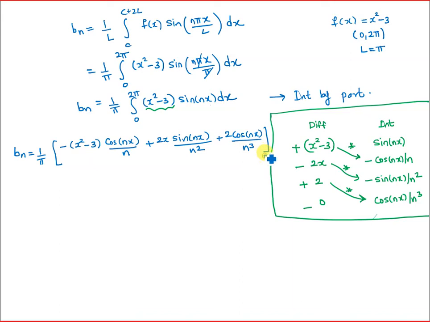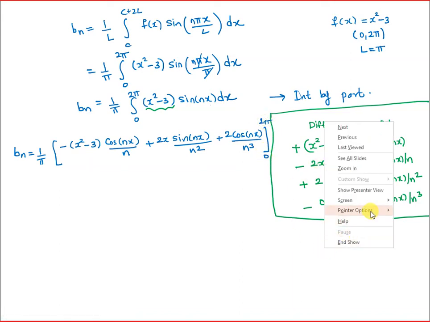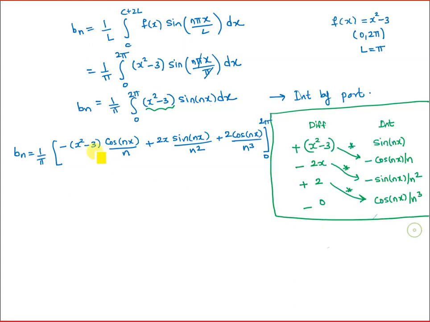So substituting the limit of x and replacing the value of x at these positions, this will give us 1 over pi, when we are replacing x by 2 pi: (2 pi) to the power 2 minus 3, cosine of 2n pi over n.